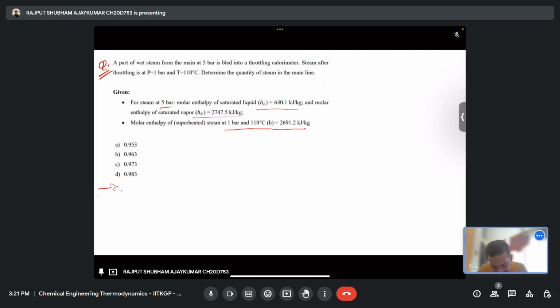Now we know that throttling is an isenthalpic process, like I told you, isenthalpic means a constant enthalpy process.